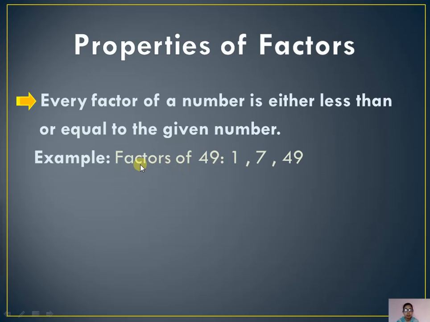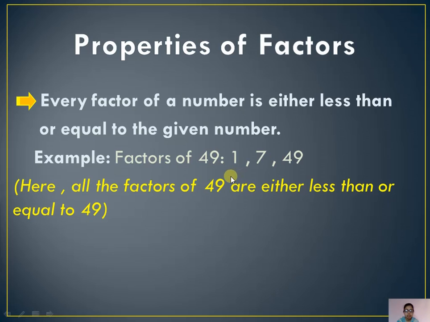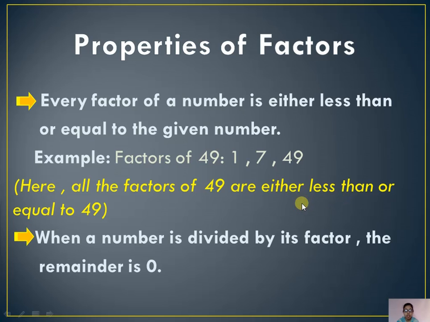Let us take an example. Factors of 49 are 1, 7, 49. Here, all the factors of 49 are either less than or equal to 49.